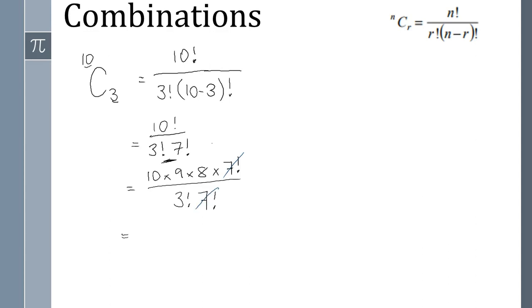So we've got 10 times 9 times 8, which would be much to do in my head, over 6. And I'm going to keep going because I didn't bring my calculator home with me.